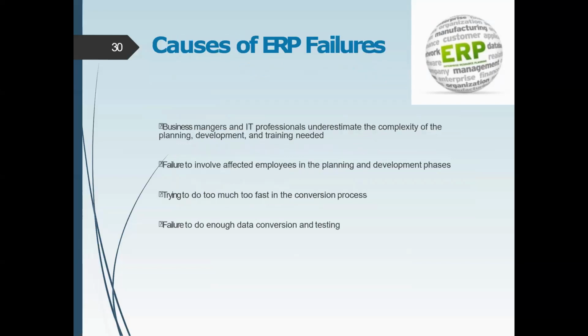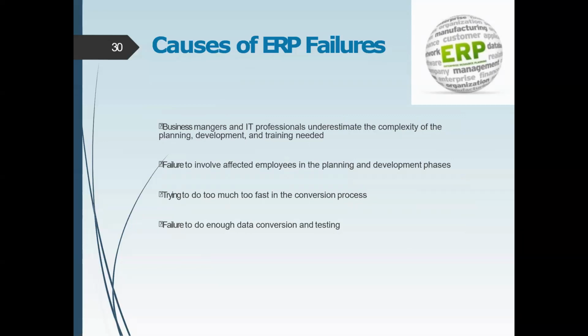Causes of ERP failure: business managers and IT professionals underestimate the complexity of the planning, development, and training which was needed earlier. Failure might also be affected by the fact that employees who are directly linked to or affected by the implementation of ERP might be excluded.